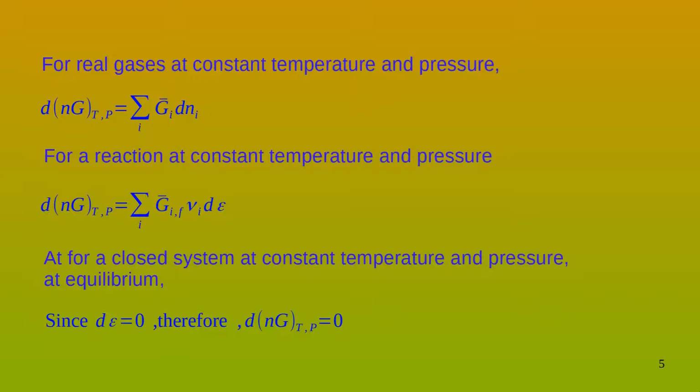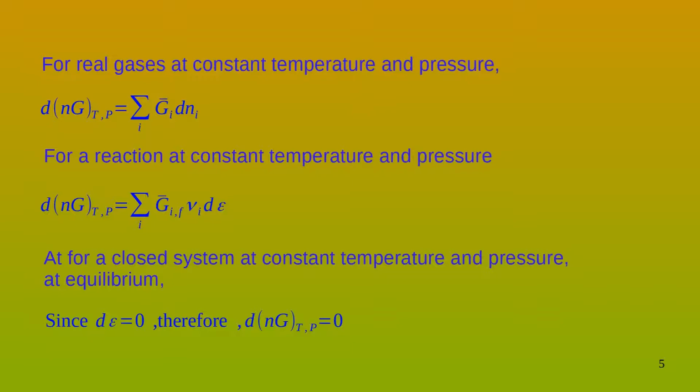It may be a closed system. We may start initially with some amount of moles of reactants A and B, and we might end up getting a mixture finally of A, B, C, and D, where C and D are the products. Nevertheless, to start with, we had a mixture, and to end with, we have a mixture.